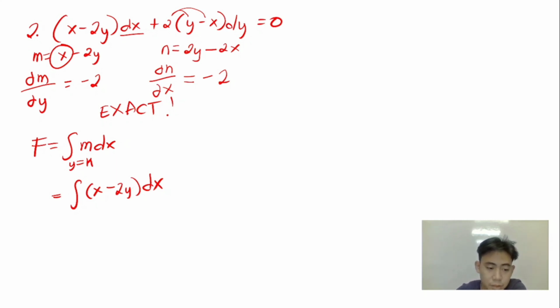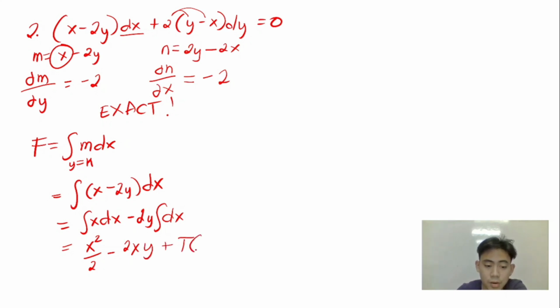So, distribute: the integral of x dx minus 2y, labas natin ng integral sign kasi constant naman na siya, times the integral of dx. So, x squared over 2 minus 2x, the integral of dx is x times y, so 2xy plus t of y, kasi ang constant natin is y, is equals to f.